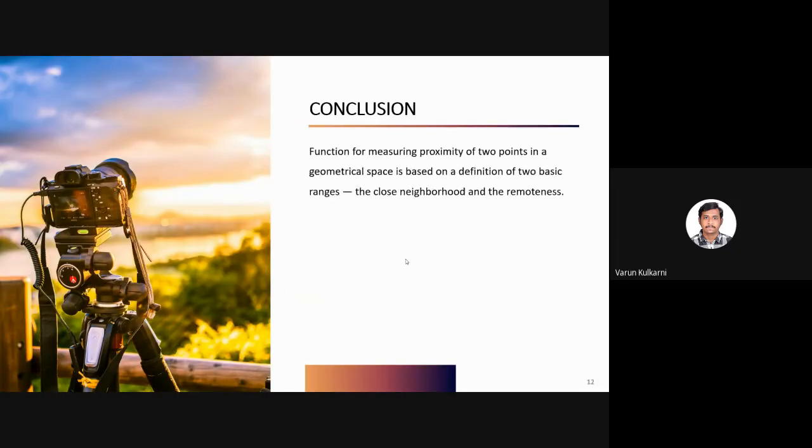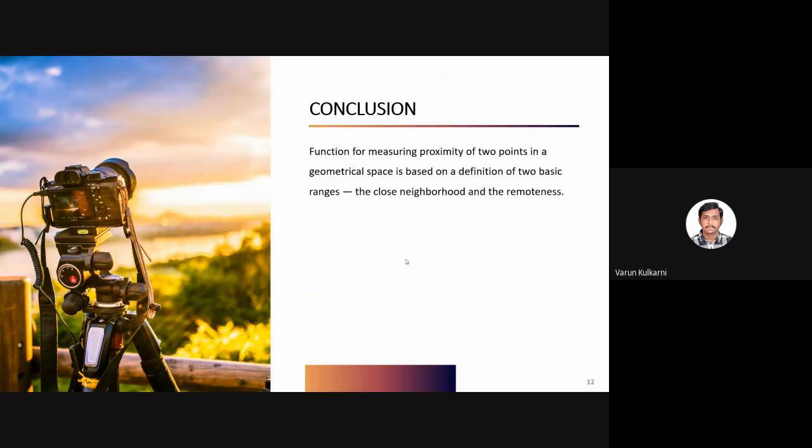Conclusion: we have seen distance. What is distance? We have seen many methods of calculating distance, that is city block, chessboard, and Euclidean. We also studied the Euclidean distance formula, and for 1 dimension and 2 dimensions, we also implemented code. We have written a proximity function that measures the closeness of 2 points.